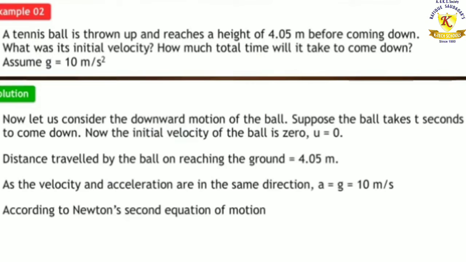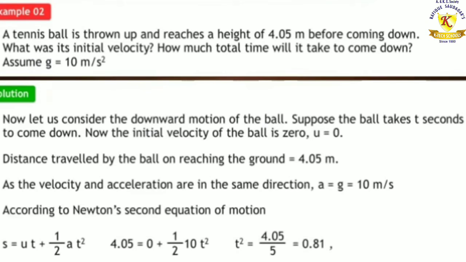According to Newton's second equation of motion, s equals ut plus 1/2 at square. 4.05 equals 0 plus 1/2 into 10 into t square. So t square equals 4.05 upon 5, which is equal to 0.81.